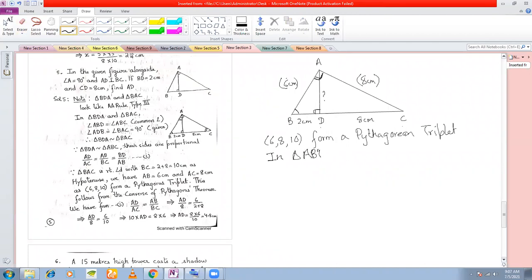ABD and triangle ABC. Angle B is equal to angle B, common angle.